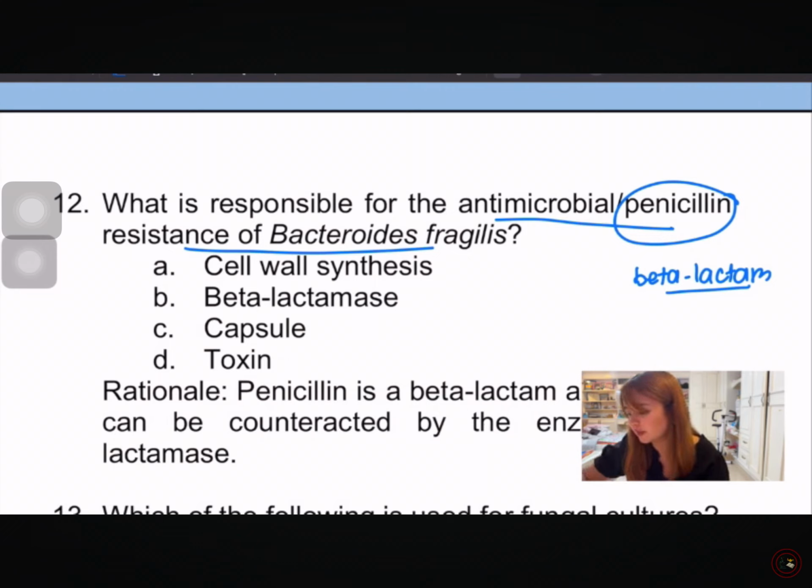So, even if I haven't read Bacteroides fragilis, my mind automatically goes to beta-lactamase. And that is the correct answer. Beta-lactamase is the mechanism of resistance of Bacteroides fragilis.